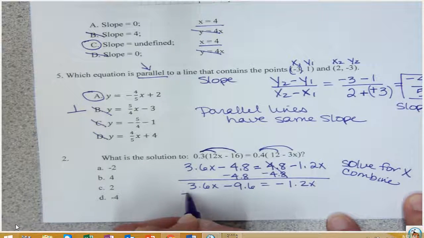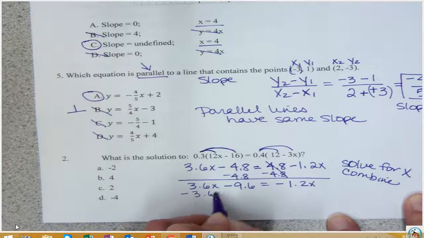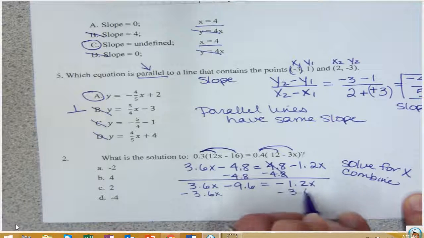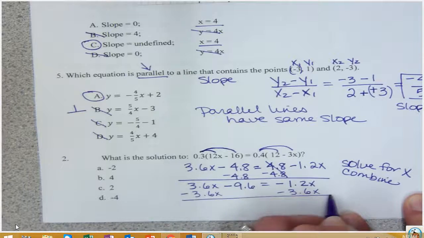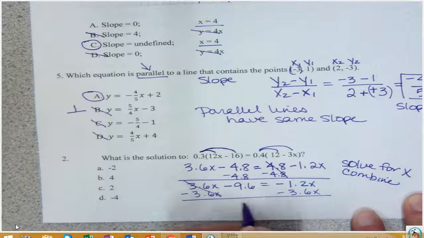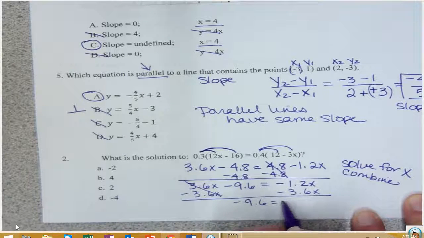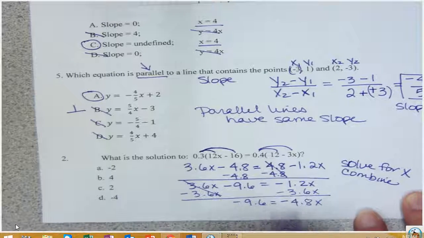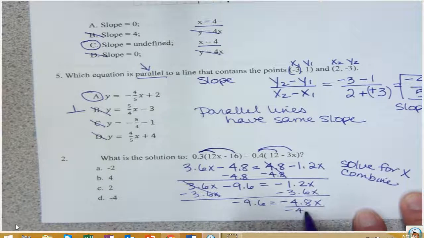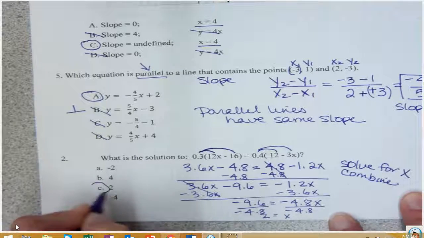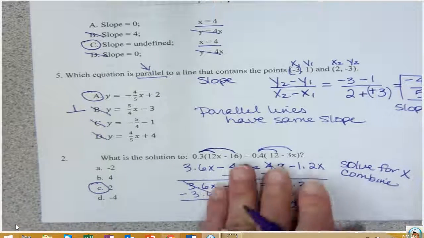Then I'm going to subtract, oh, I did it the negative way. I don't normally like to do it that way. 3.6x. Cross these out. I get negative 9.6 equals negative 4.8x. Then when I divide by negative 4.8, I get x equals 2. And there you have it. Okay.